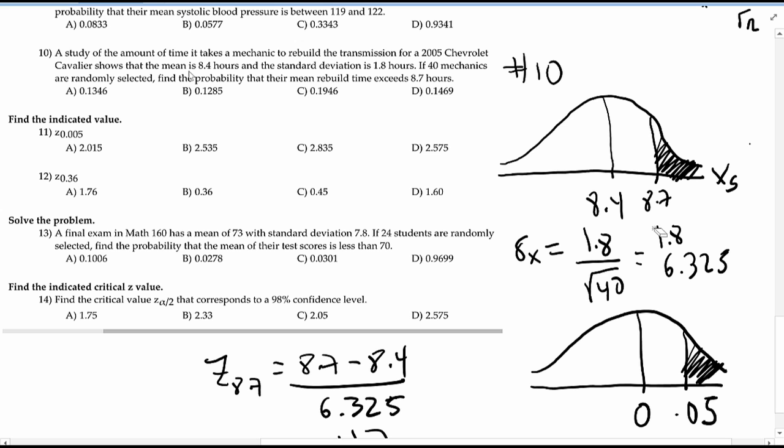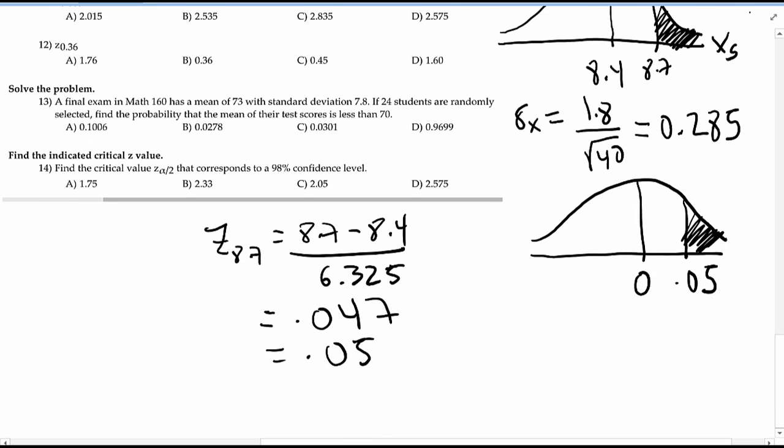Okay, right here, let me check this. When we're calculating the standard deviation, I think there is an error there, so let me calculate the standard deviation again. If I divide 1.8 by the square root of 40, which is about 6.4, I get 0.285, right?